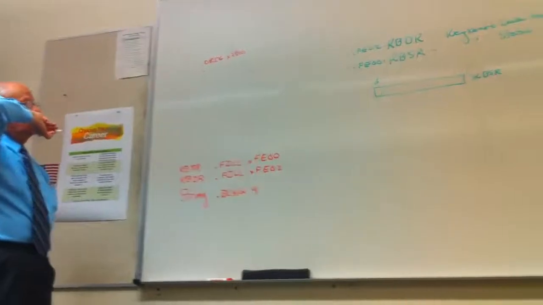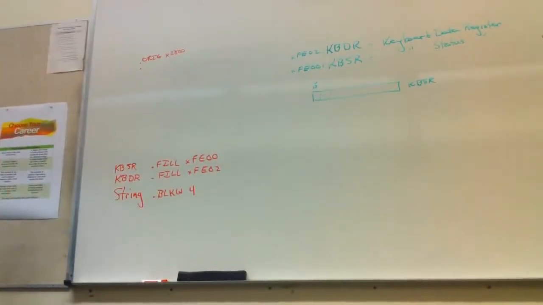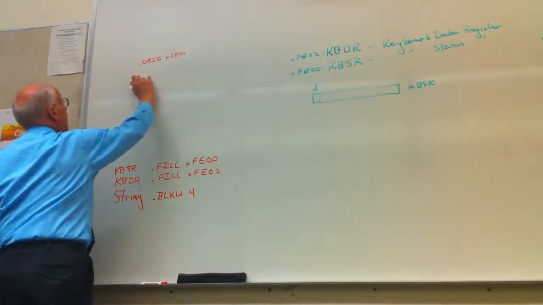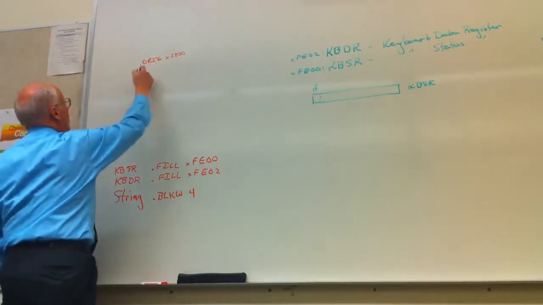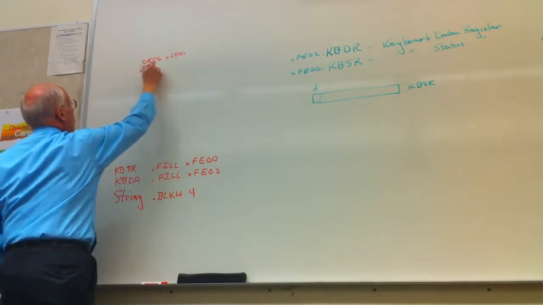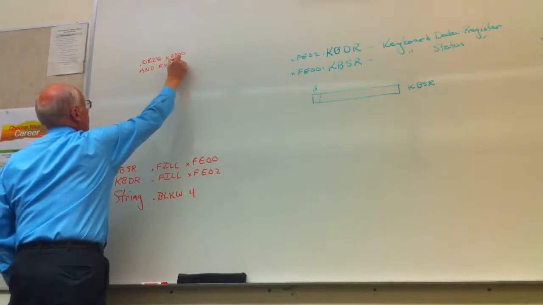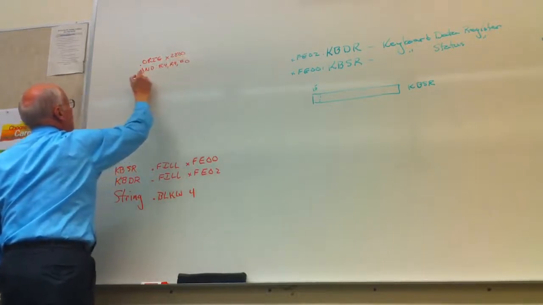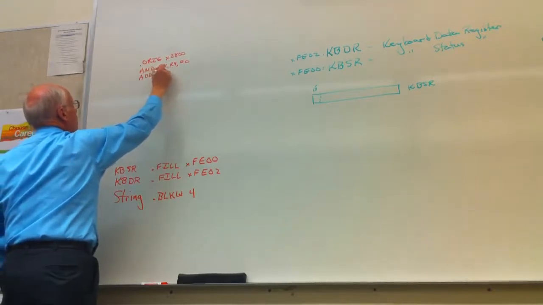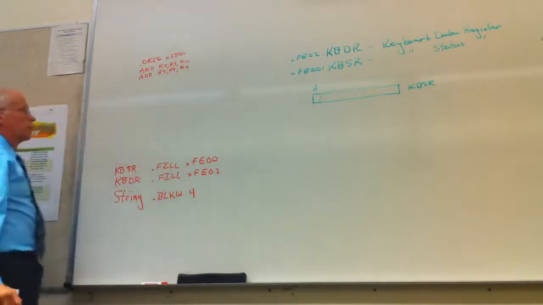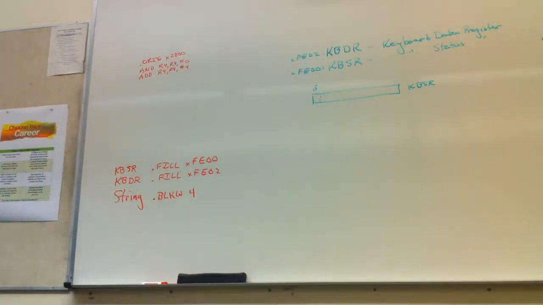I'm going to use, let's use register 4 as our loop counter. So we'll clear register 4. And then we'll add 4 into it. And then I'll decrement that.